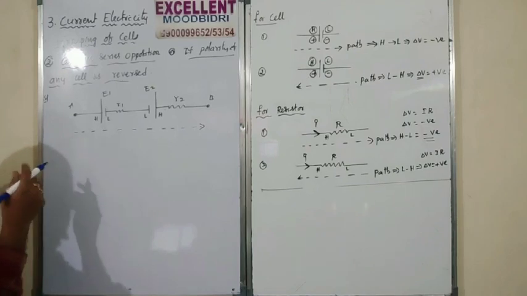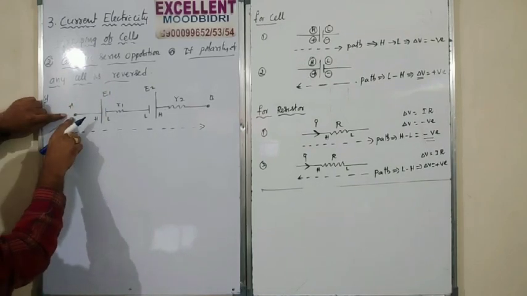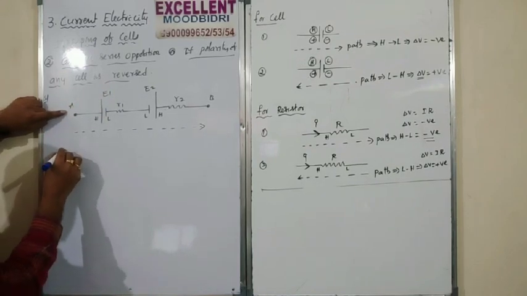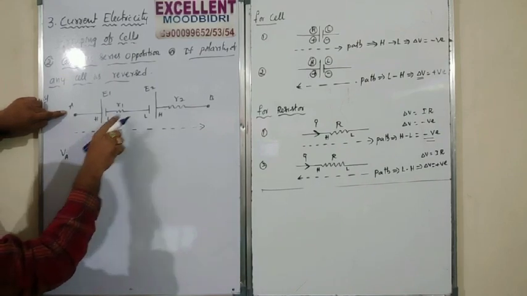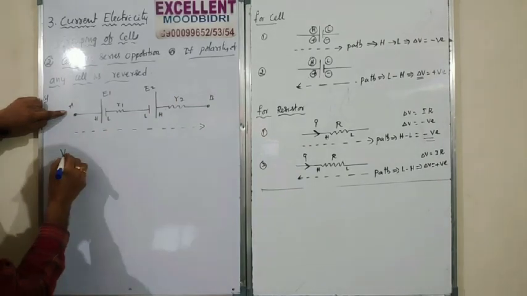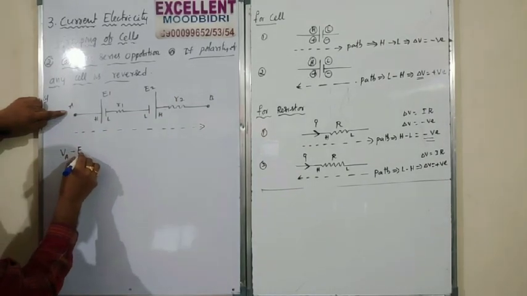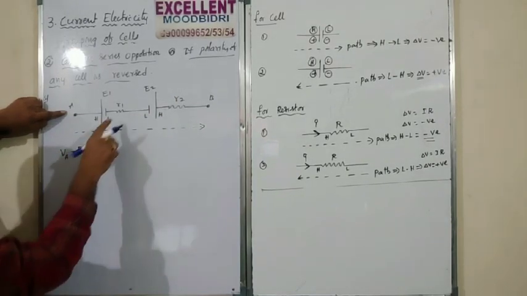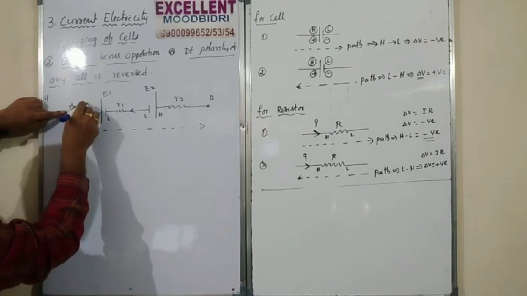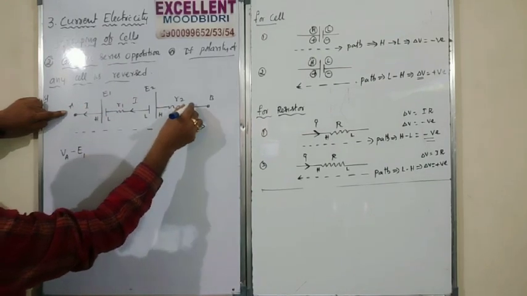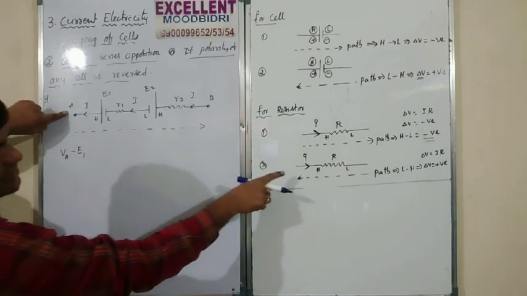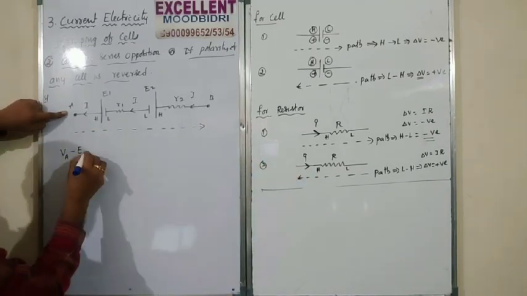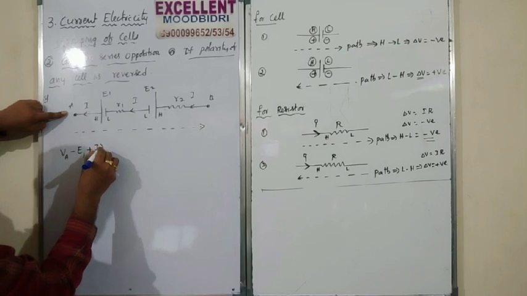So now you can observe Kirchhoff law. According to Kirchhoff law, at A the potential is VA. Right. Higher to lower is negative, minus E1. Are you clear? Then this one, the current is going in the same direction, this is the I. Opposite means plus, so plus I into R1.